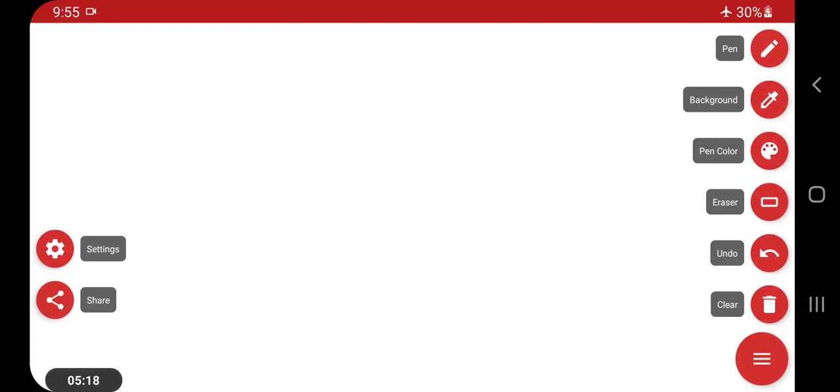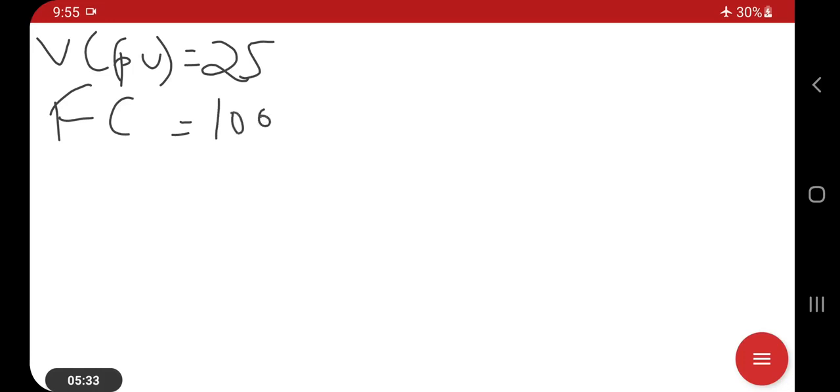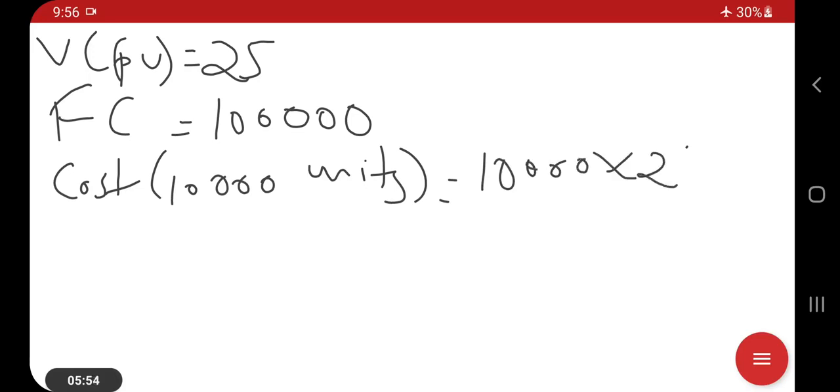Now see, you have the following information. Variable cost per unit is 25. Fixed cost is 1 lakh. So the cost of 10,000 units is equal to 10,000 into 25, that is 2,50,000.